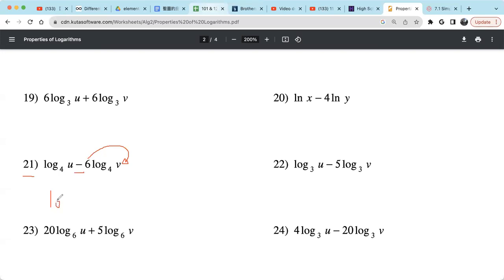So we write it as 1 log base 4. Right, this one is base 3. Log can be any base, any counting number. So the first one, the numerator is u, and the denominator is v raised to 6.